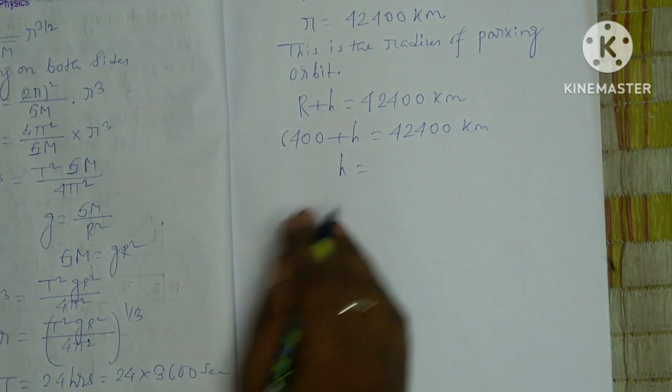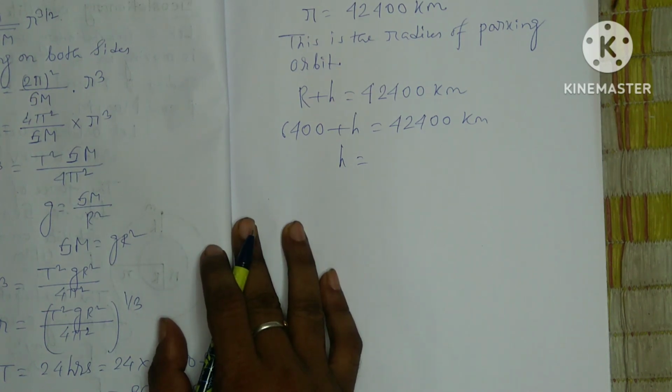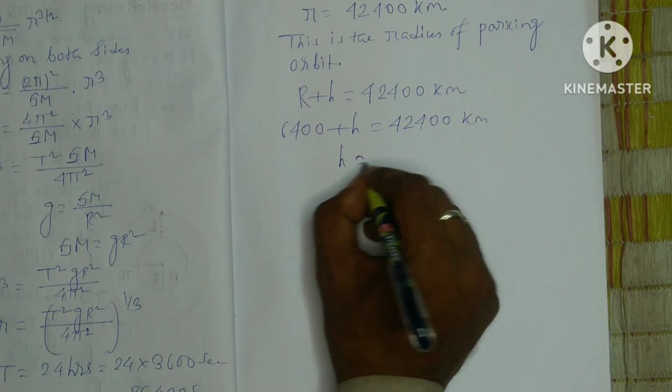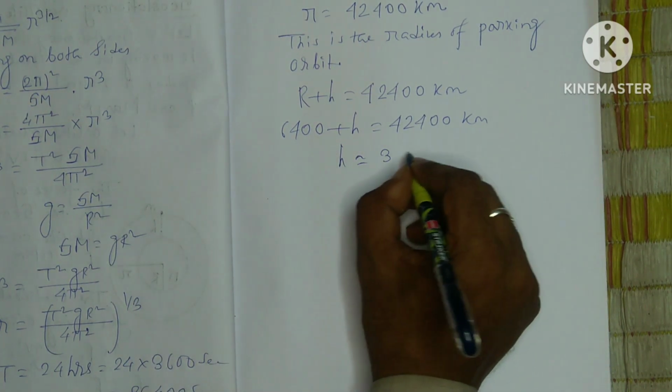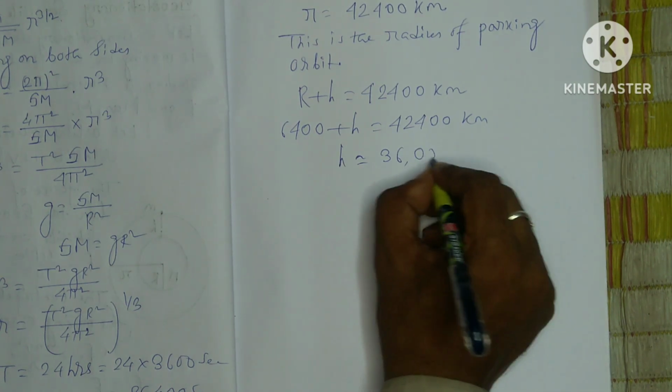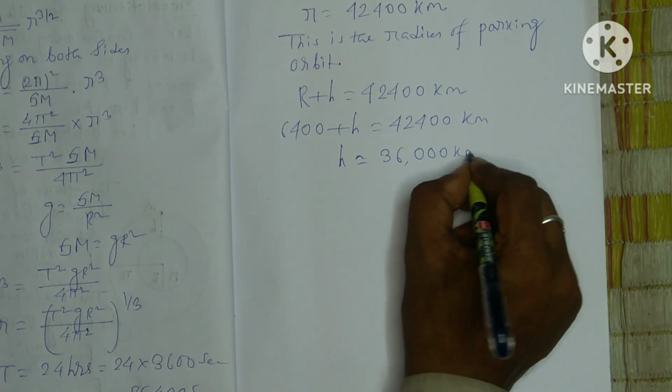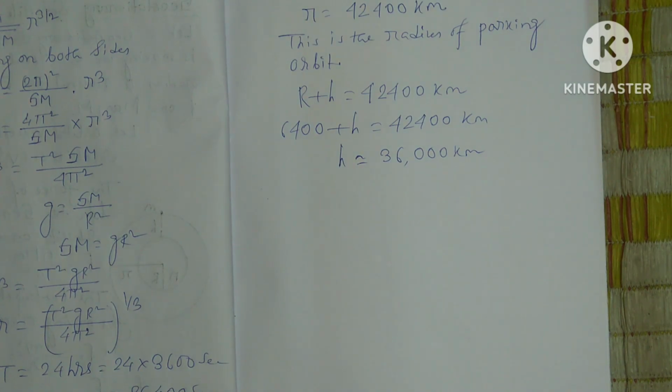So h equal to, we get the value, 36,000 km.